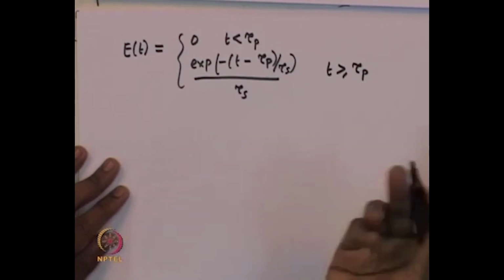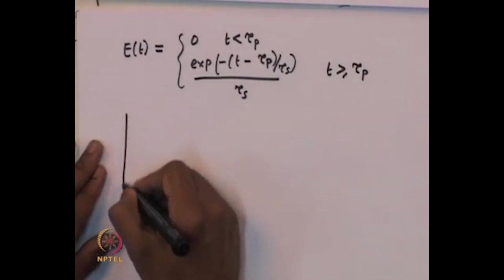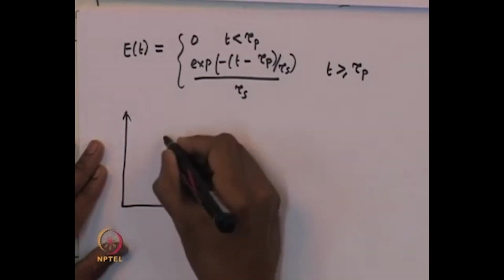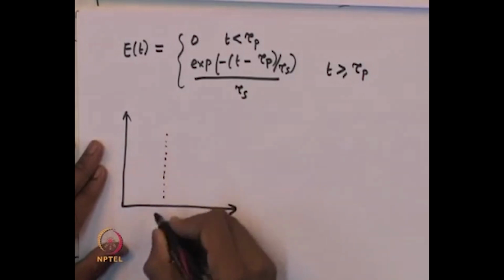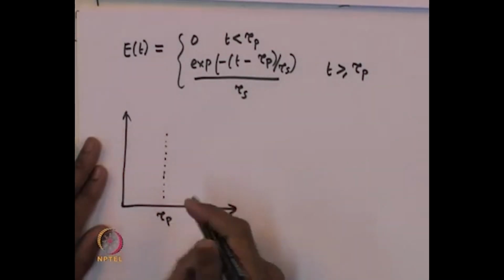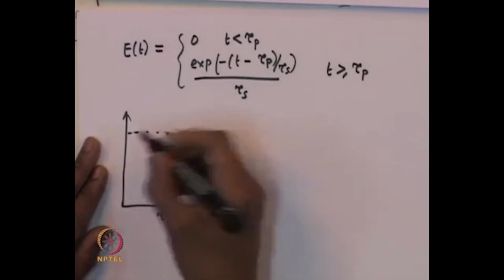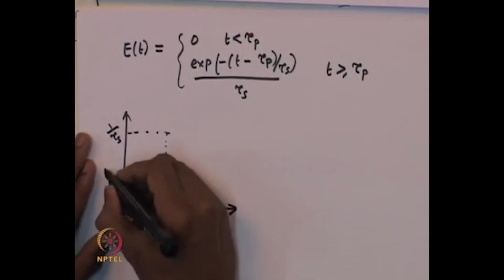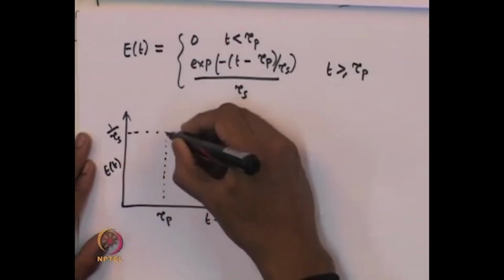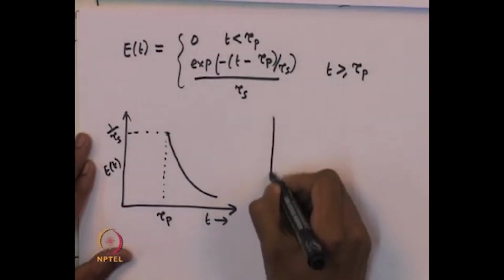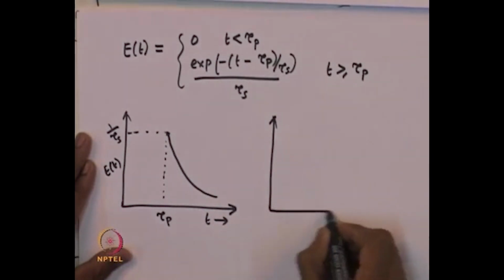So, that is the RTD function, and now we can plot it. It will start at tau p, because the plug flow reactor introduces a delay, at a value of 1 by tau s, and then there will be an exponential decay. Similarly, we can draw the F curve.